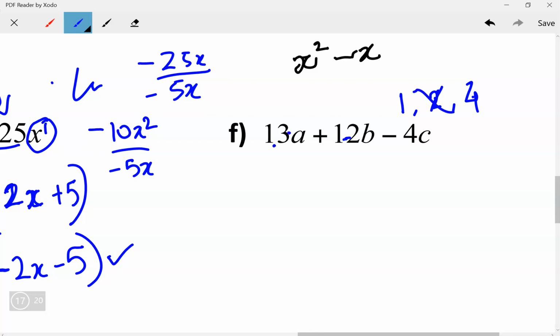So basically, my greatest common factor has to be common between all my terms. There's no number that's common between 13, 12, and 4, except for 1, which I can ignore. And my variables are also all different. So therefore, the greatest common factor here would just be 1, the number 1, and there's no variables.